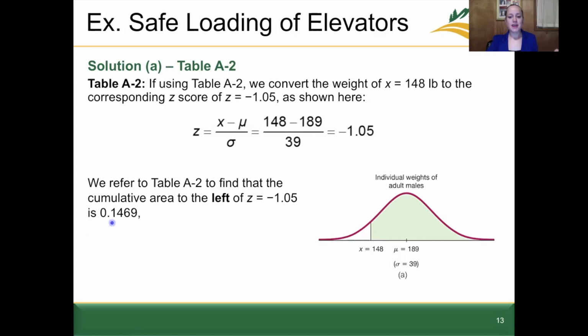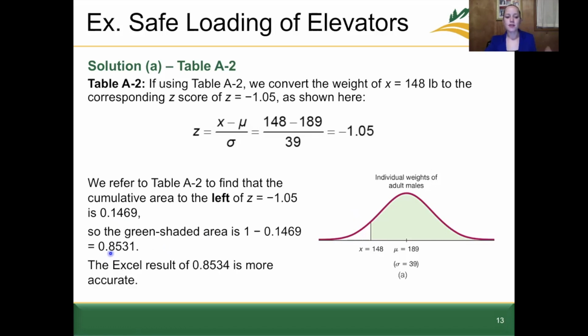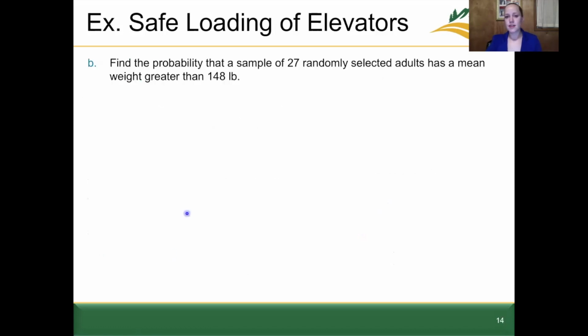So again, because we want this cumulative area from the right, or to the right of our X value, we need to take 1 minus that value. So we get a final probability of 0.8531. Now, there may be some rounding using table A2, so really the result you get from Excel is slightly more accurate. Let's look at part B now.